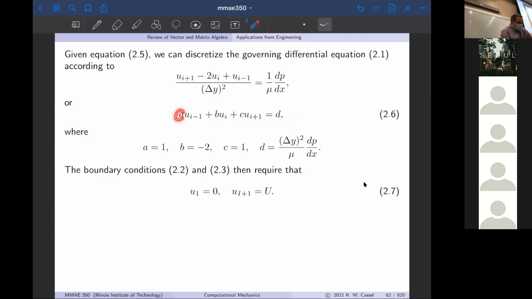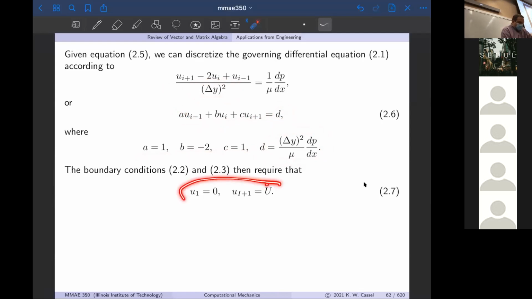So A is just the coefficient of u i minus 1, B is the coefficient of u i, C is the coefficient of u i plus 1, and then D is the right-hand side. And you can see if I multiply through by delta y squared, then the A and the C are just ones, and the B is minus 2, and then everything else is on the right-hand side. It all gets lumped into D, which is the constant.